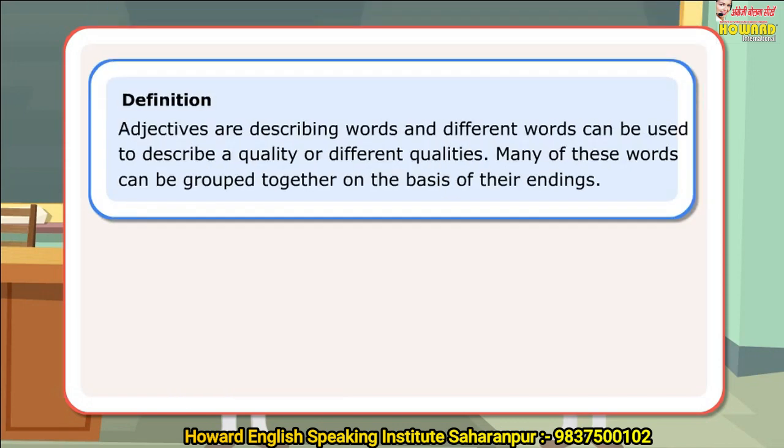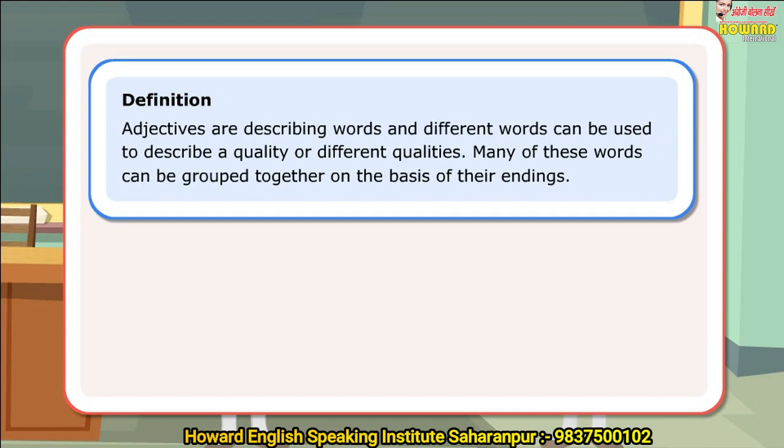Definition. Adjectives are describing words, and different words can be used to describe a quality or different qualities. Many of these words can be grouped together on the basis of their endings.